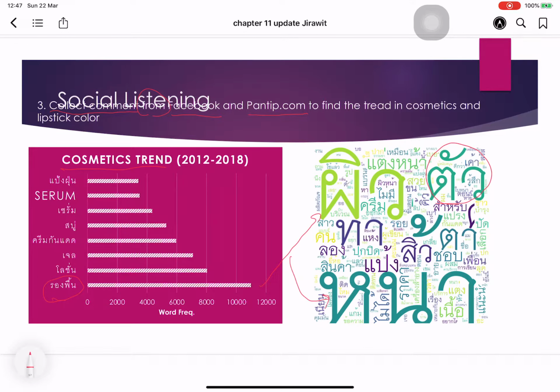They talk about this a lot when you want to use cosmetics. And then the lotion or cream on your body that you can use for skin, and protecting your eyes, which they are concerned about. This is about collecting from the comments on social network or social media.